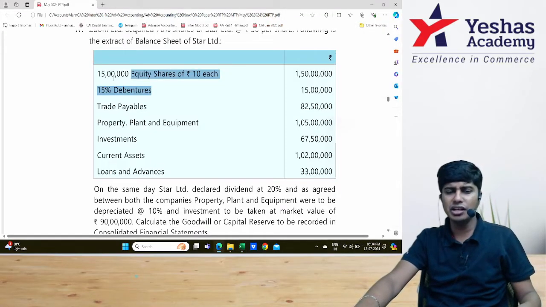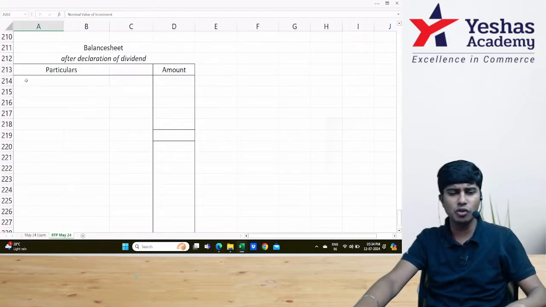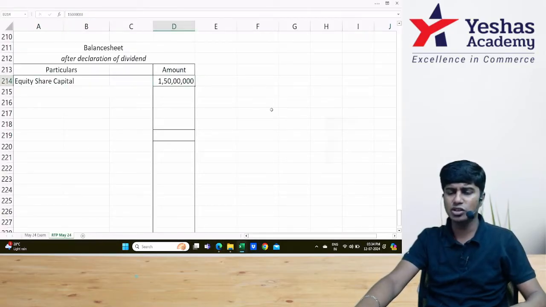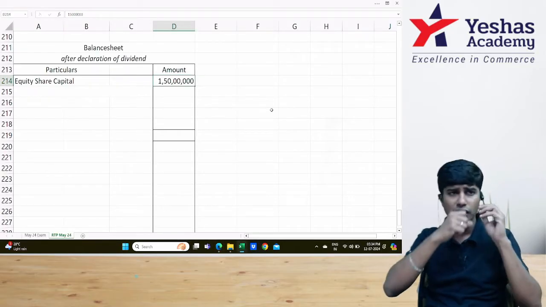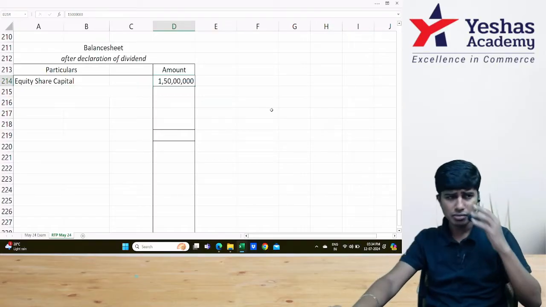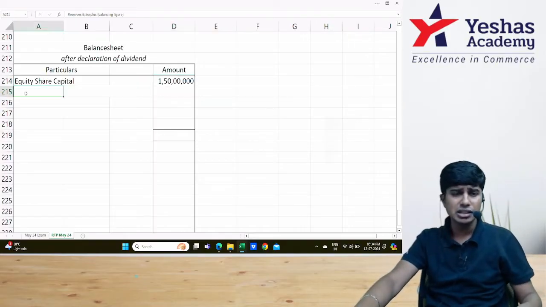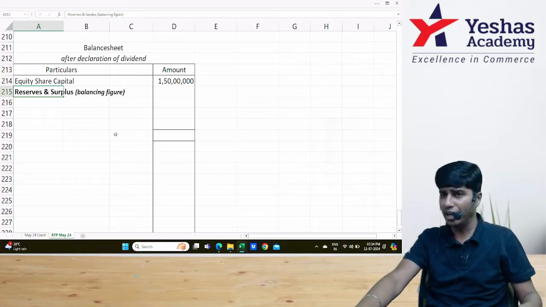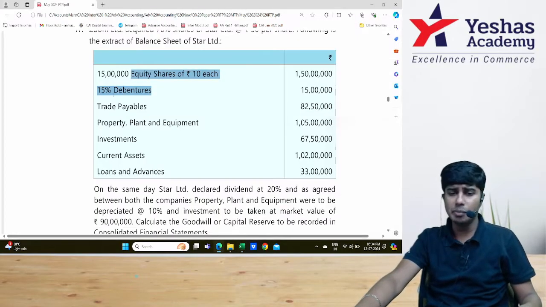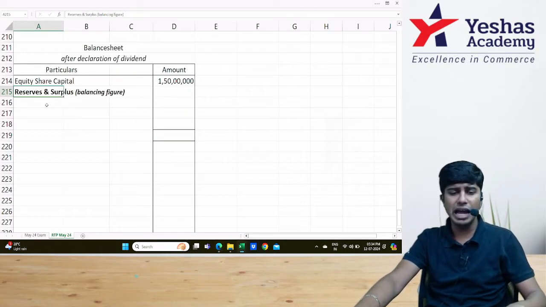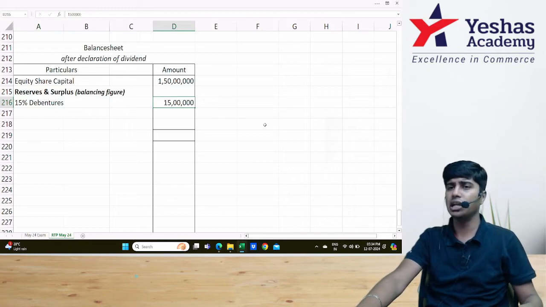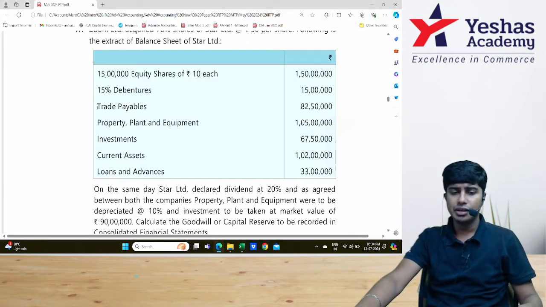First item, 15 lakh equity shares of 10 each, 1 crore 50. Understood this? Next, reserves, which we don't know, which we will find. Then, debentures. How much is debentures? 15 lakh. I'll write 15% debentures, 15 lakh. Then, trade payables, 82 lakh 50.